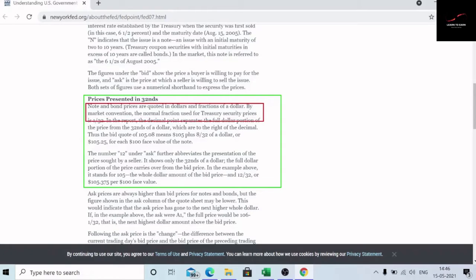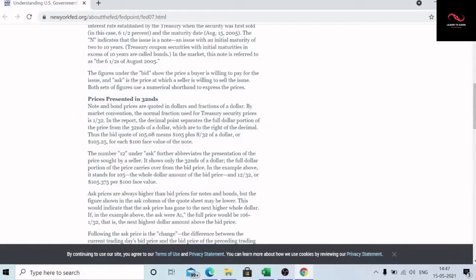Now let us try to understand it with an example also. In this example, the bid price of the security was 105.08. It means $105 plus 8 by 32. Why 8 by 32? Because here we are using this convention. So now this 8 by 32 has to be converted to get the exact price of the bond.